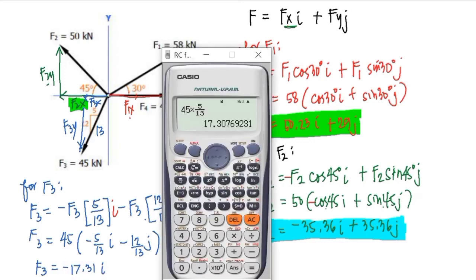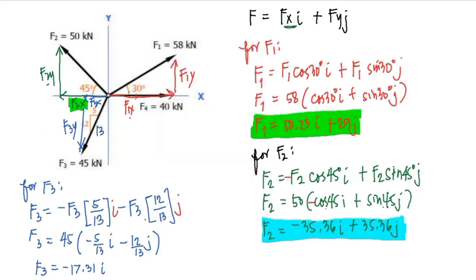And for the y component, we have here 45 times 12 over 13, and that is equal to 41.54. So we have minus 41.54j. And this is our answer for rectangular representation of the force 3.